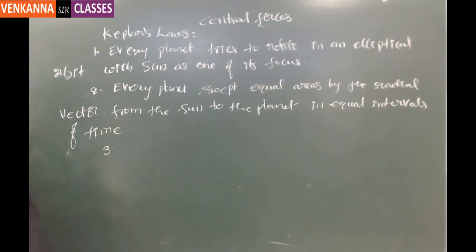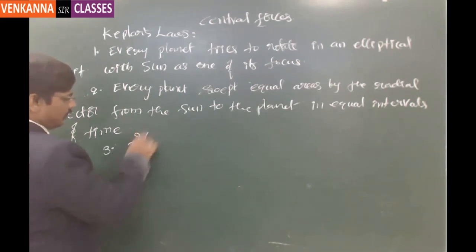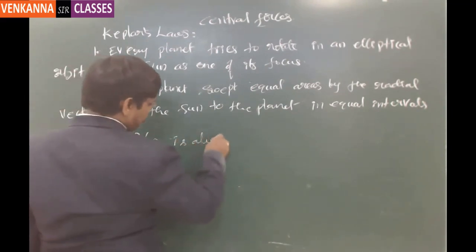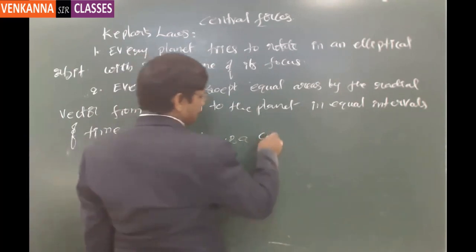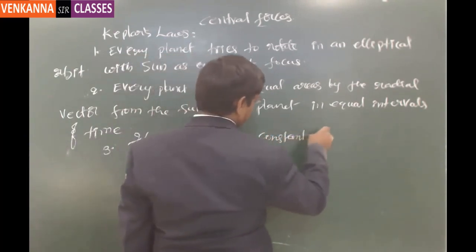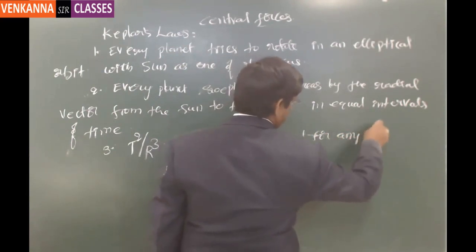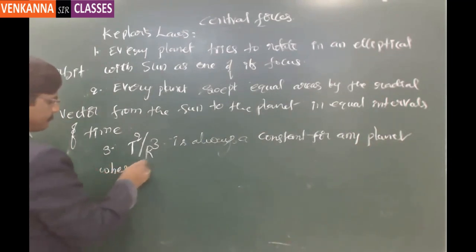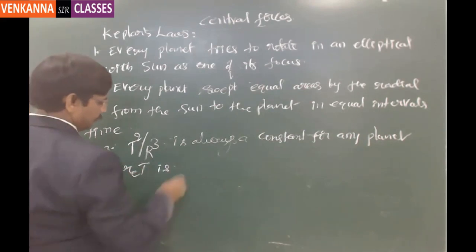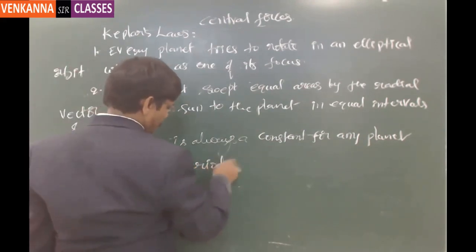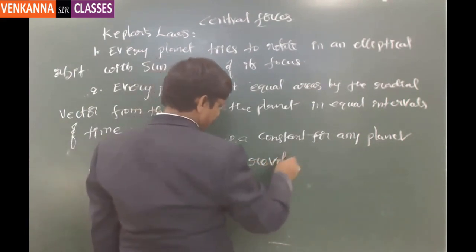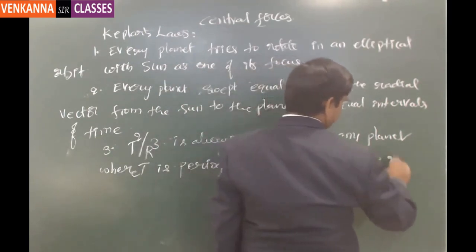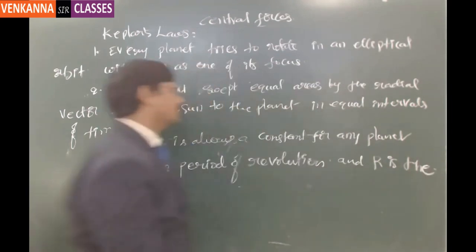And the third law says that T square by R cube is always a constant for any planet, where T is the period of revolution and R is the length of the semi-major axis.